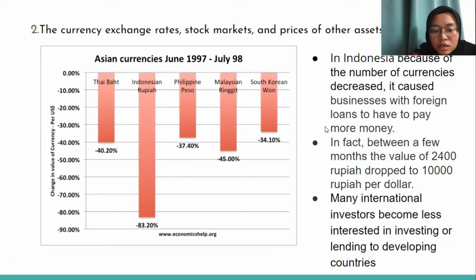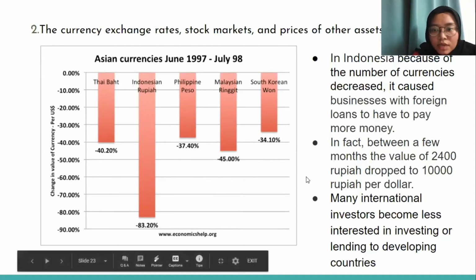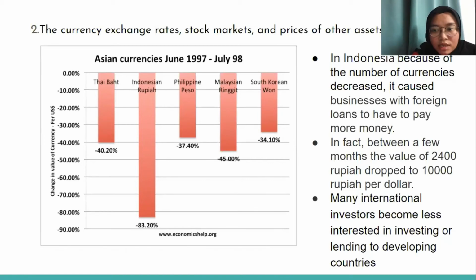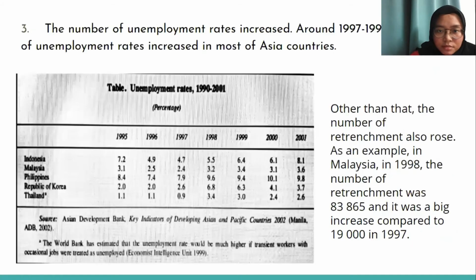So even in just a few months, the value of the rupiah dropped by a huge amount. Because of that, many international investors became less interested in investing or lending to developing countries.